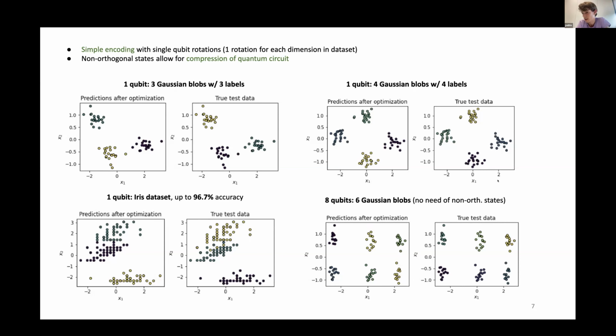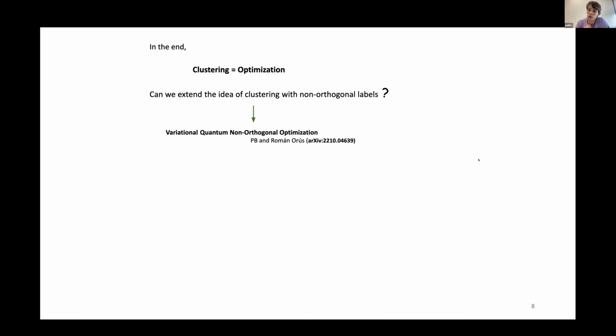These are just the first results we had with our algorithm. Just to sketch the idea, we thought that if this can be done for clustering, maybe we can move forward and use it for any kind of discrete optimization process.